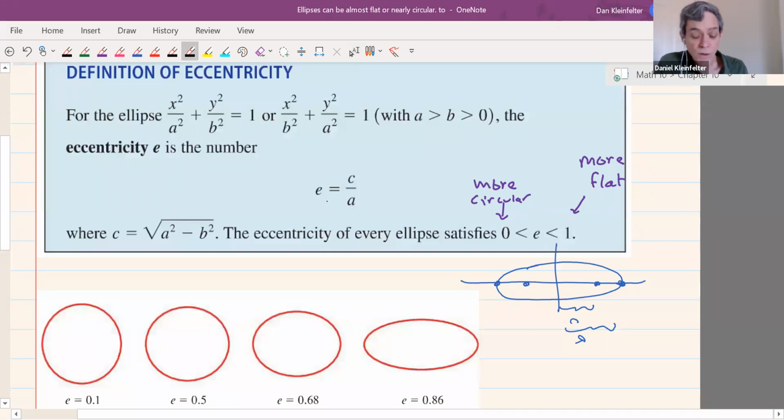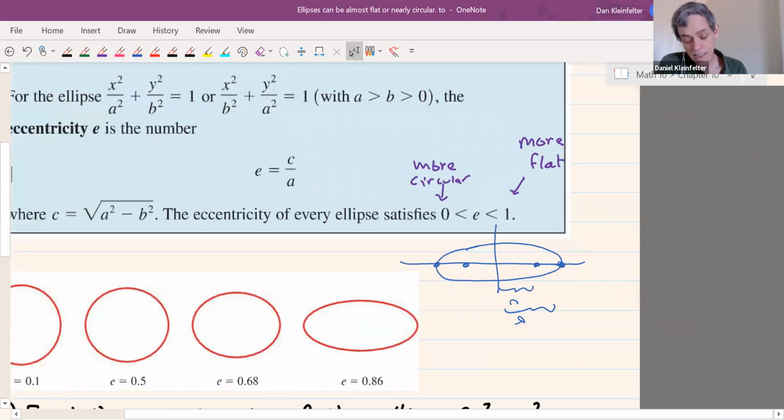Okay, so E is C over A, where A is the distance from the center to the vertex, and C is the distance from the center to the focus. Notice that this thing is going to be a proper fraction, right? Think about it for a second. The C is always going to be the distance between the center and a focus, and A is the distance from the center out to the vertex.